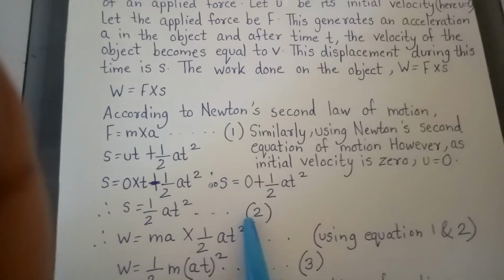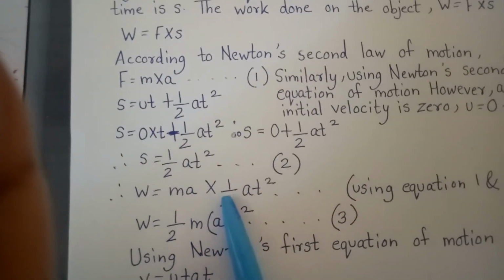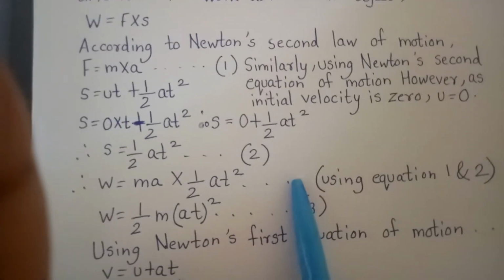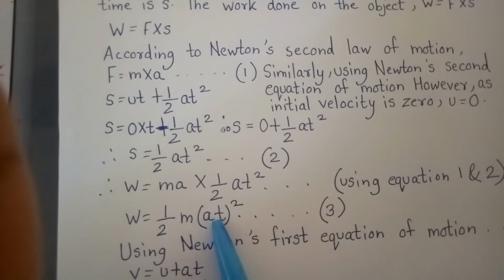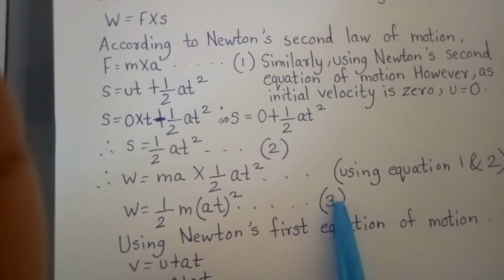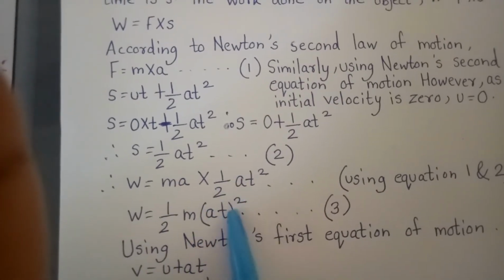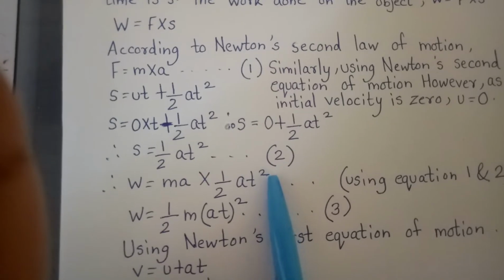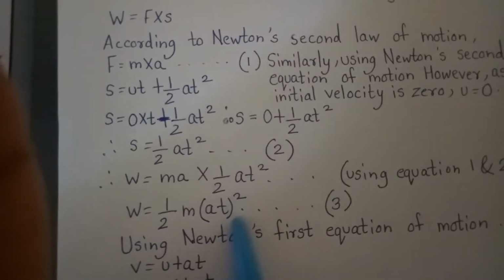So from the first equation and second equation we got work is equal to ma into half at square. So work is equal to half m into a square t square. This is our third equation. That is, we have taken a into a, that is a square, and t is already t square. So half m a square t square.